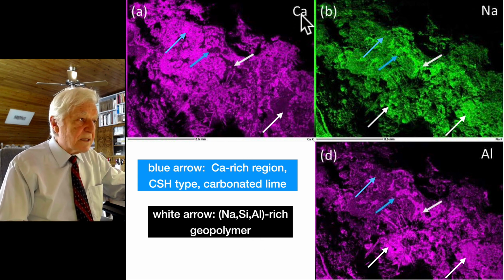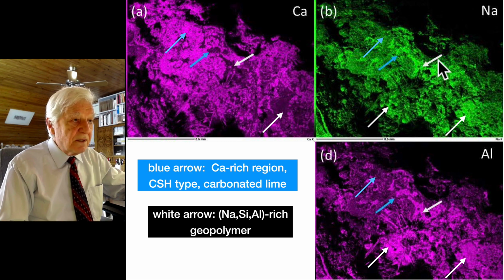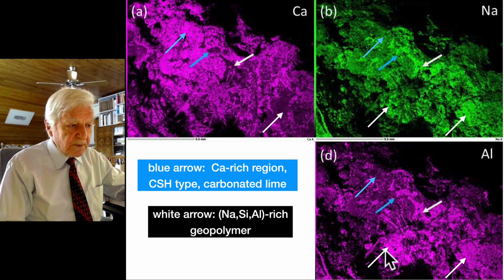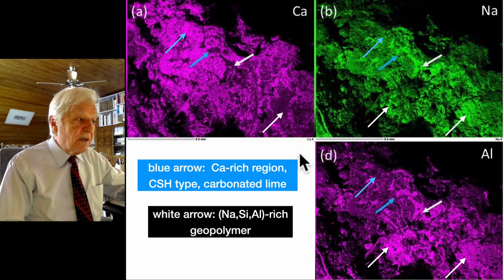Here, for calcium, we don't have any calcium, but for Na and Si at the same places, we have sodium, we have aluminum, and so forth. So we have, inside the CSH calcium-rich region, the production of a geopolymeric network.